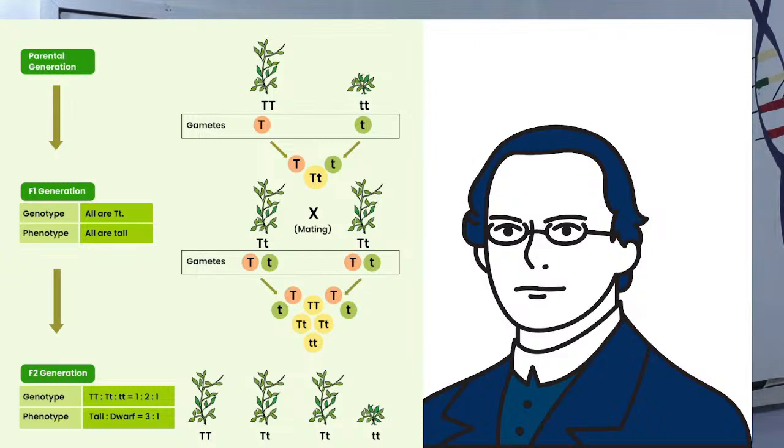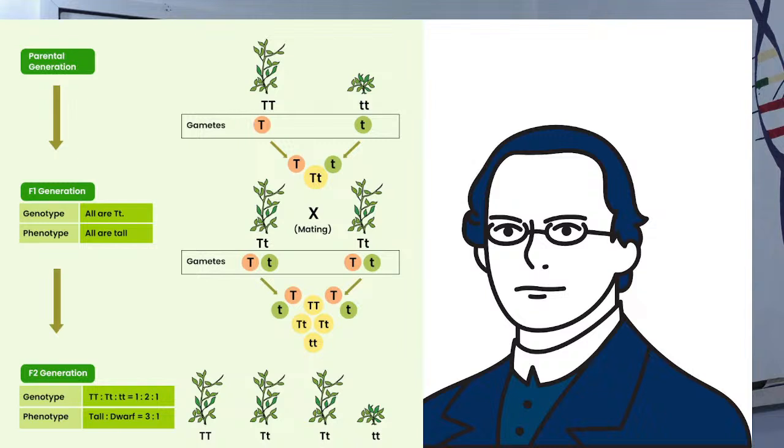What this law is telling us is that, for example, let's say you have a parental gamete like this.